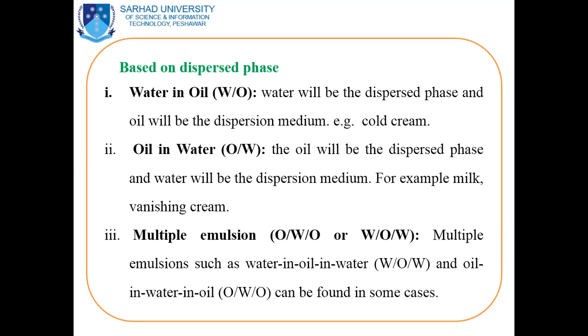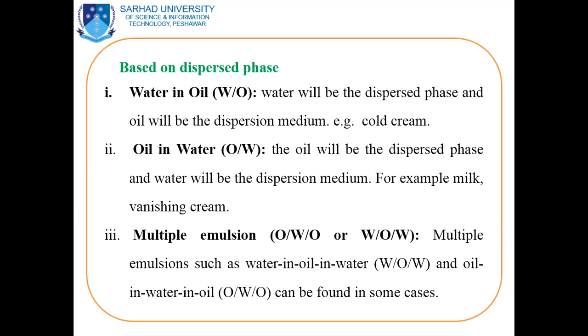An example of this class of emulsion is milk, which is one of the most popular examples, and vanishing cream and shaving cream are other examples of oil and water type of pharmaceutical emulsion.